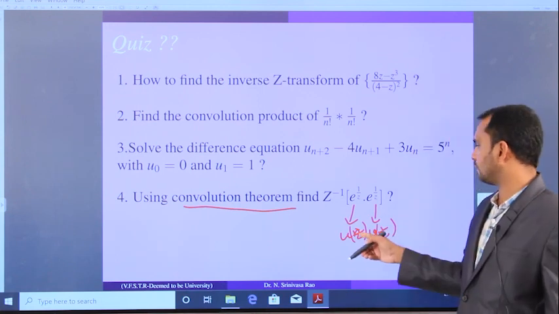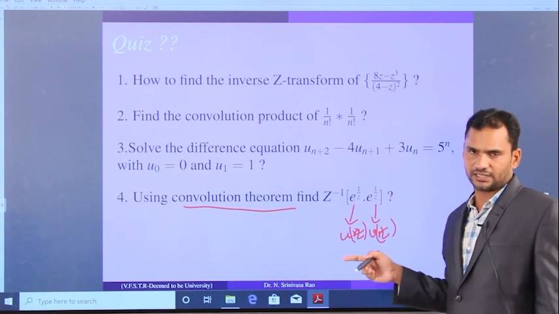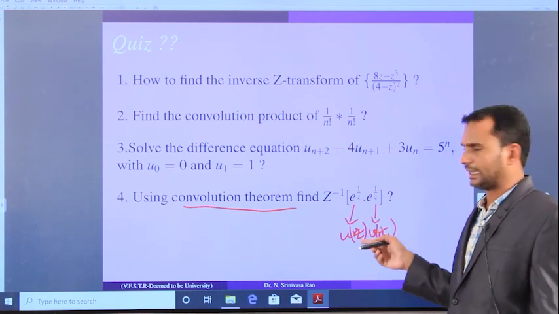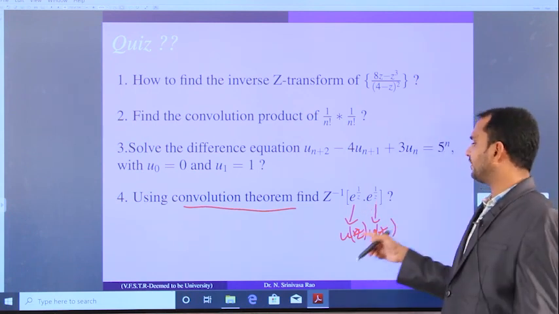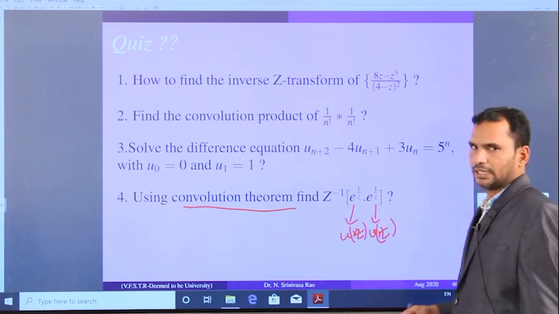You have to find the inverse z transform for this. What is the inverse z transform of e power 1 by z? Similarly, what is the inverse z transform of e power 1 by z? So u of z and v of z are same. Then apply the convolution theorem.